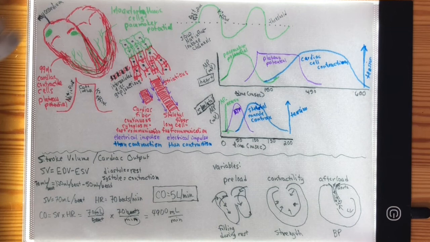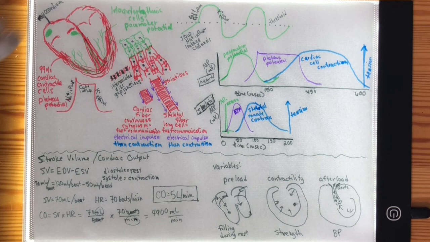And after the contraction, there's very little blood left behind. That is going to change the ESV, the end systolic volume. Remember, ESV, end systolic volume, is the amount of blood that is left behind in the heart after contraction. So if the contraction is nice and strong, the contractility is good, then that would indicate that your ESV is going to be low. And that would then change, in turn, your stroke volume.